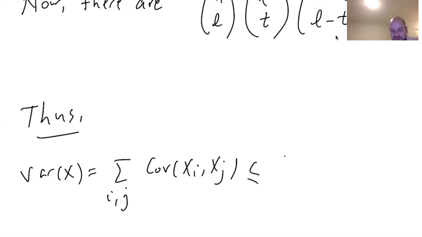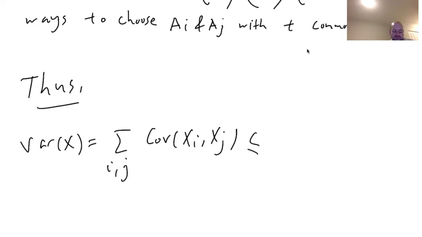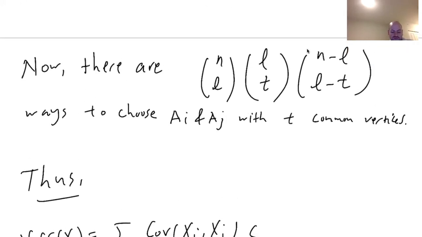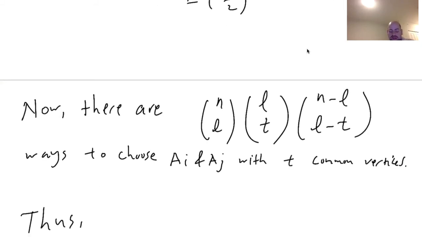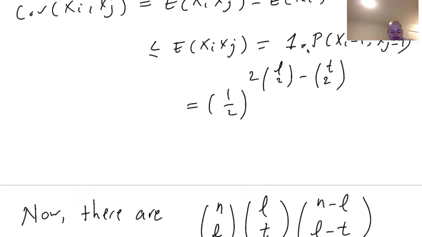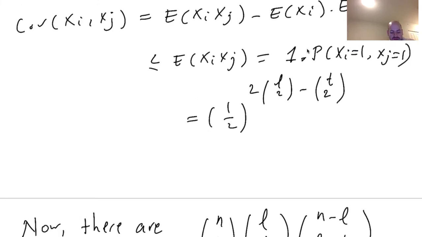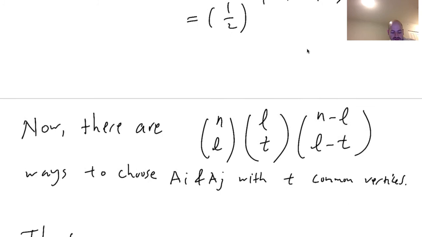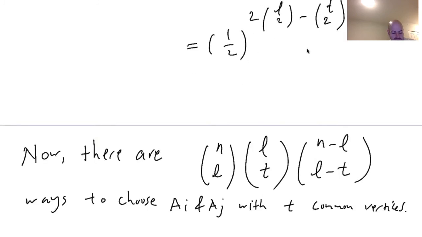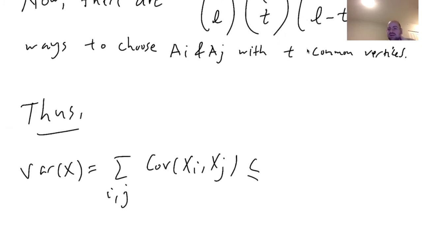Now if t is fixed, then there are this many ways to choose AI, AJ. And for each of them, the covariance is bounded by this term. So for each fixed t, I have to multiply this number by this number to get the upper bound for this sum. But then t can also, of course, change.